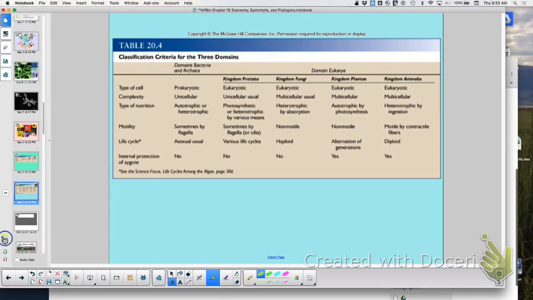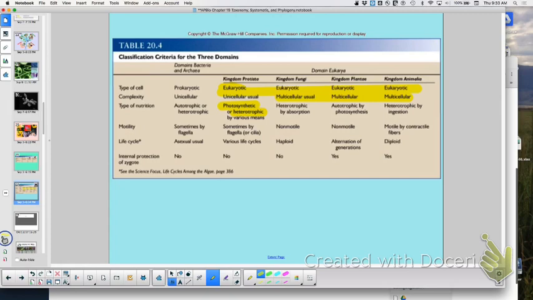You can see they're all eukaryotic, mostly multicellular, whereas prokaryotes are usually unicellular. Looking at metabolism, kingdom Protista is photosynthetic but can also be heterotrophic. In Protista, they kind of do it all. In fact, you can find precursors to fungi, plantae, and animalia in kingdom Protista.